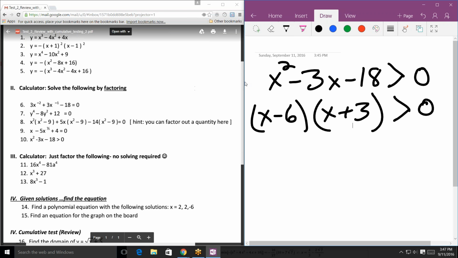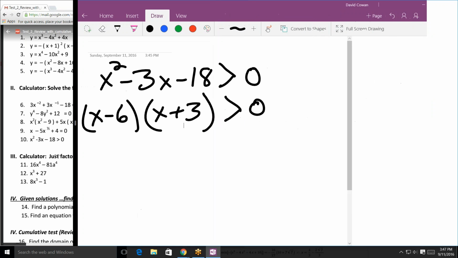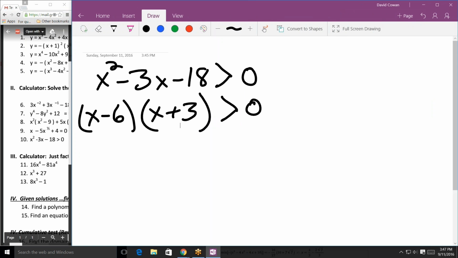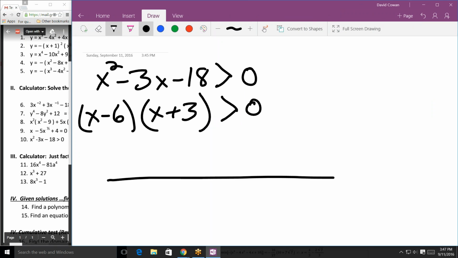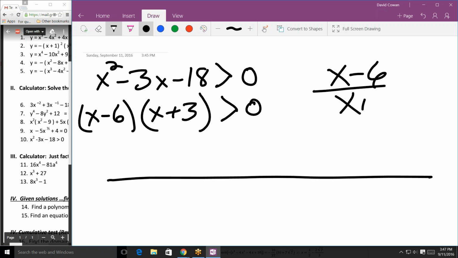Now, once you get to this point, it's not even that obvious on how to proceed, but the way you want to proceed is you draw a line chart. And it doesn't matter whether you have two linear terms multiplied by one another, or even if you had two linear terms divided by one another.